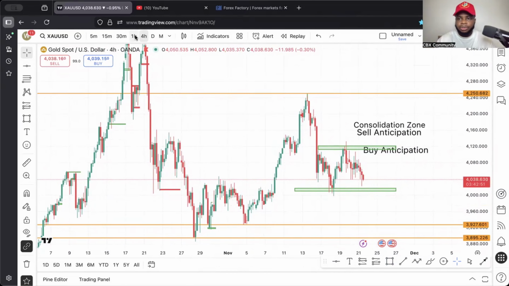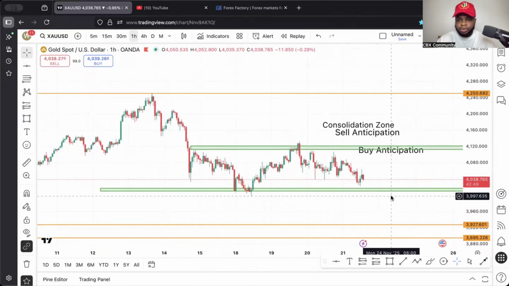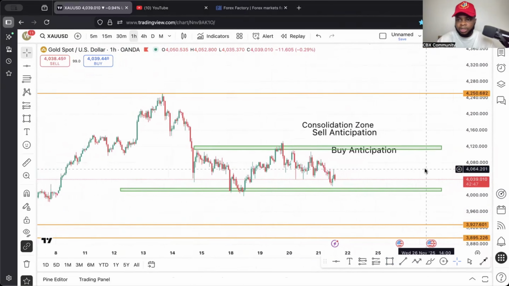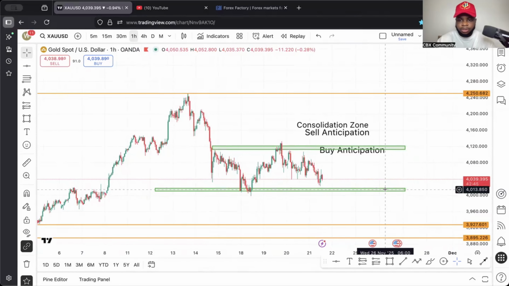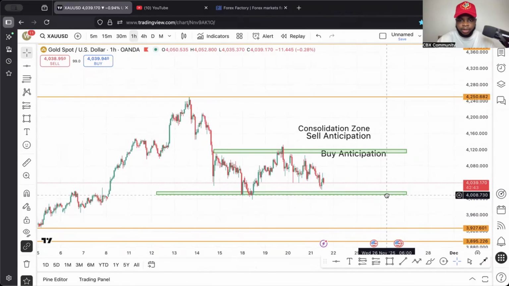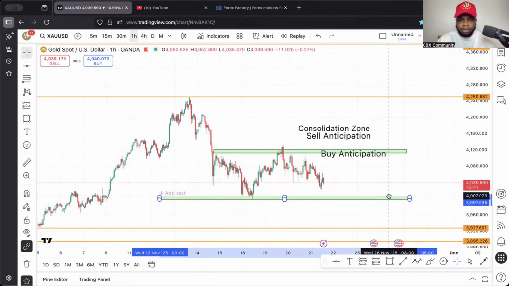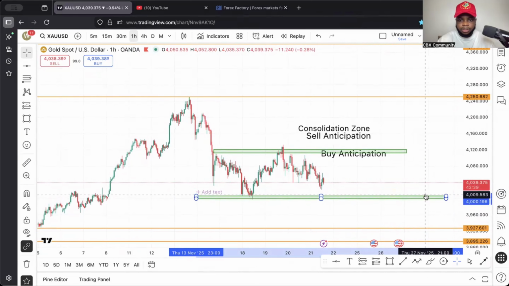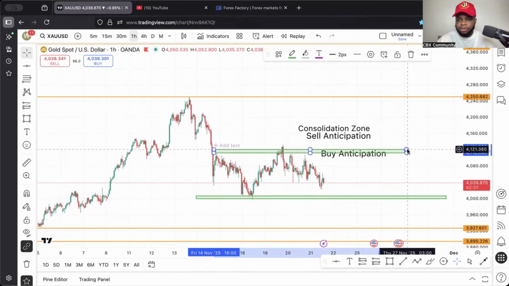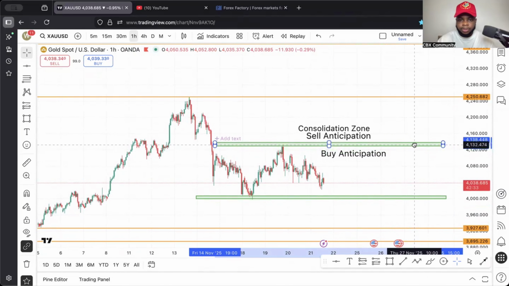Let's go to H1. So we'll have a clear picture of what the market structure is saying. We need to adjust this over here. Let's adjust this here. Then we need to adjust this over here.